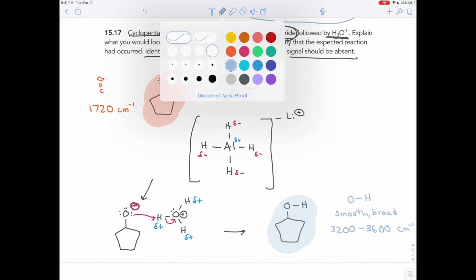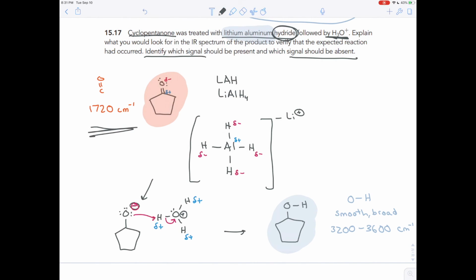Well, you would look for the disappearance of the shadow at 1720. If all of this reactant truly turns into the product, you won't have this shadow at 1720 anymore. And you'd look for the appearance of this smooth, broad signal that would spread out between 3200 and 3600. So if those two things happen, then this reaction would have been complete. And you can use IR spectroscopy to track it.